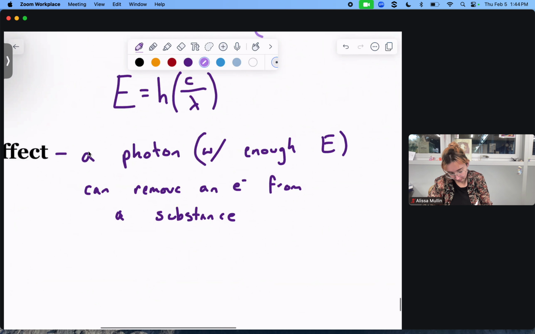And what do I mean by enough? I mean enough to overcome the binding energy, enough to overcome the ionization energy of actually removing that electron.